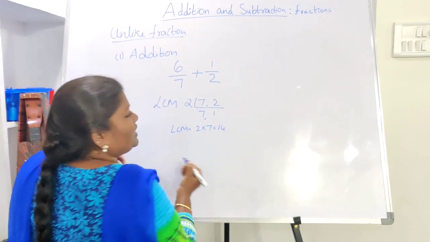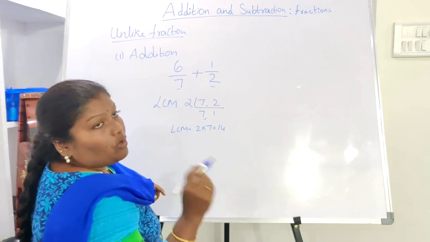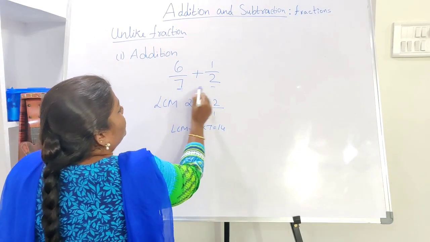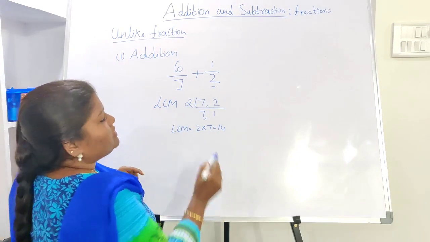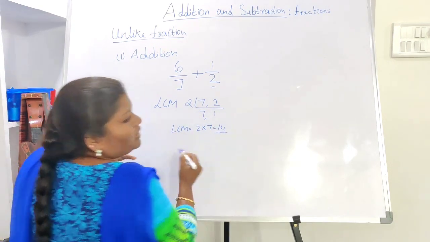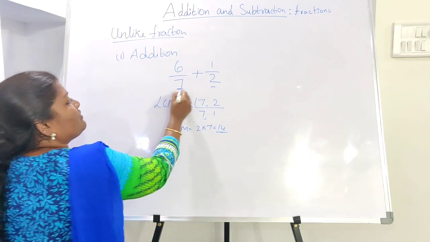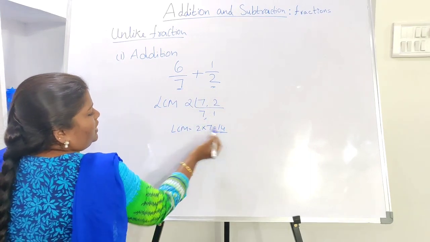Let me give an easy method. If you find the two denominators are co-primes, you can just multiply them and write down the LCM. Here 7 and 2 are co-primes, so you can do this.